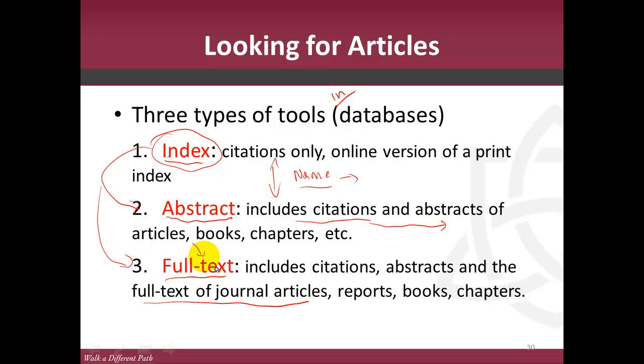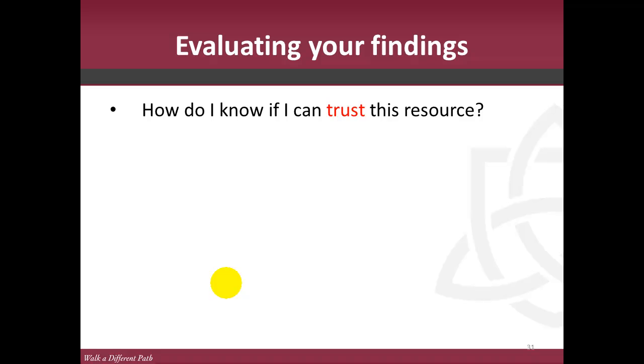The most useful type of article that you want is the full text article. Whenever you see online databases and you're doing your searches, you'd want to look at the full text articles. Other things as far as evaluating your findings, you need to ask yourself the question, can I trust this source?